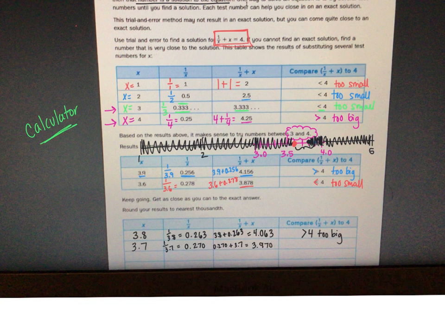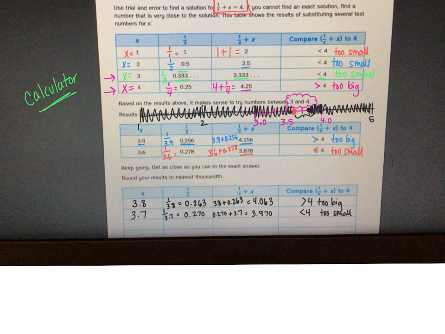When I compare that to 4, which is what I wanted to equal, it is too small. So if that's too small, but 3 and 8/10 is too large, I would have to break my number down again. So here's 3 and 7/10, which is too small, and 3 and 8/10, which is too large. What's in between 7/10 and 8/10? Well, I add a 0, and we could break it down into 3 and 75/100.